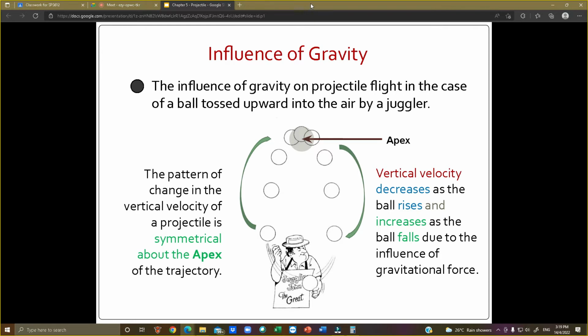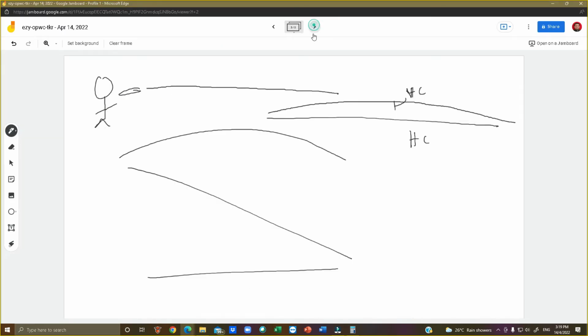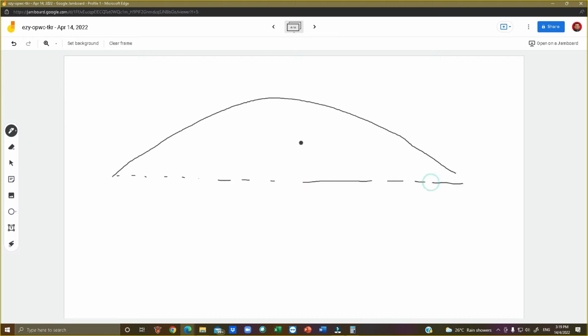Another one you need to know is this one. When we talk about projection, trajectory, vertical component, horizontal component.